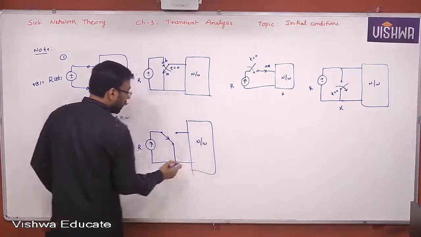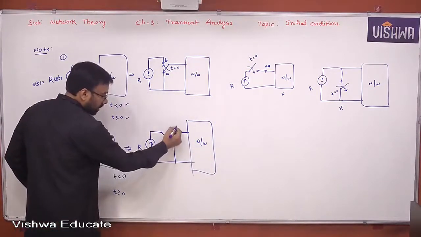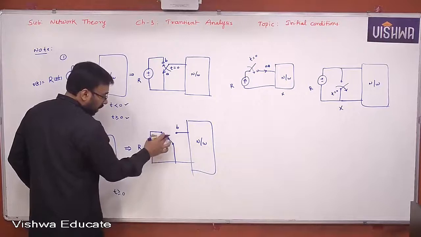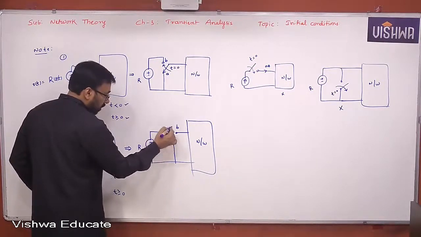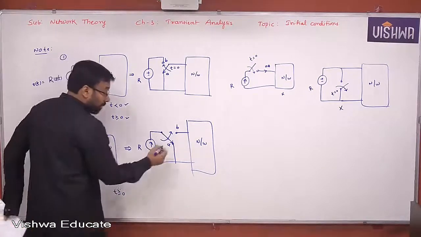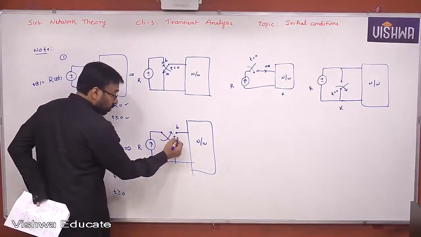This is the network. This is at A. This is at B. Now I'm going to move the switch from A to B, in 0 time, at t equal to 0.